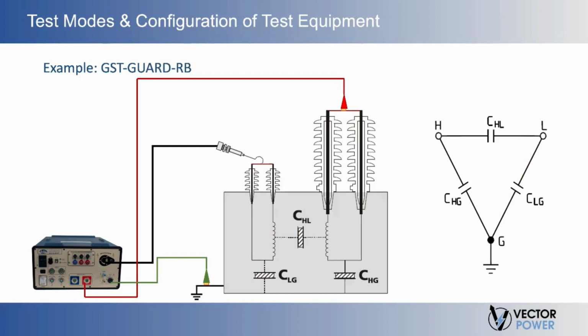The GST guard the red or the blue. Once again, we've now isolated and we're only looking at the low to ground component. And finally, the UST red, where now we are only looking at the low to high component.